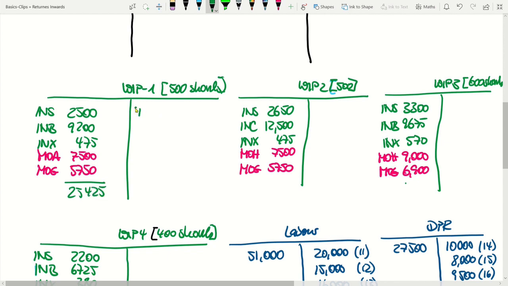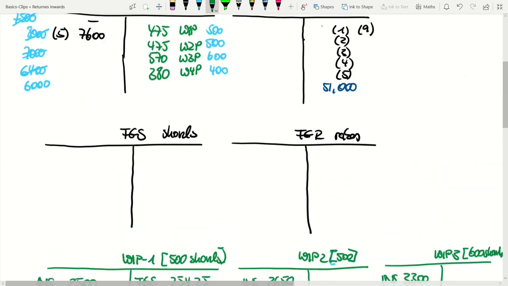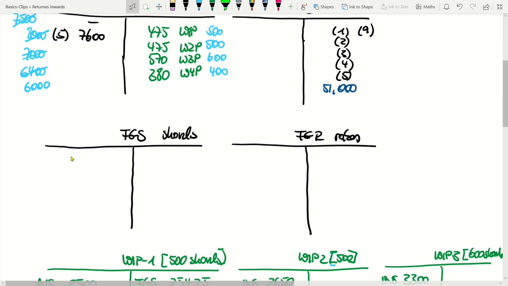That will be transferred to the finished goods Schofields account, 25,425, and I just write how many these are. These are 500.